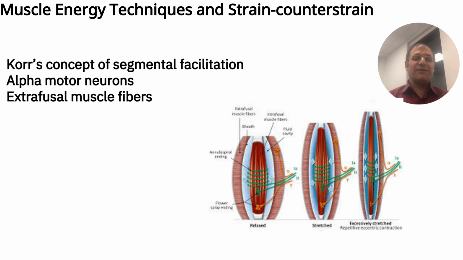This, in turn, reflexively fires the extrafusal muscle fibers via alpha motor neurons. These exaggerated spindle responses are triggered by movements that lengthen the facilitated muscle, creating a restrictive spinal fault. The goal of muscle energy and functional techniques is to restore normal neurophysiological function to the affected segment.